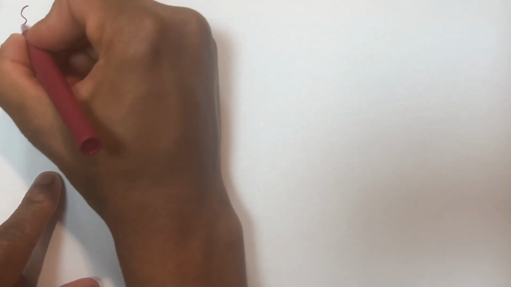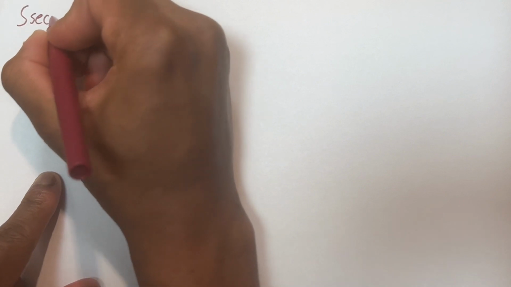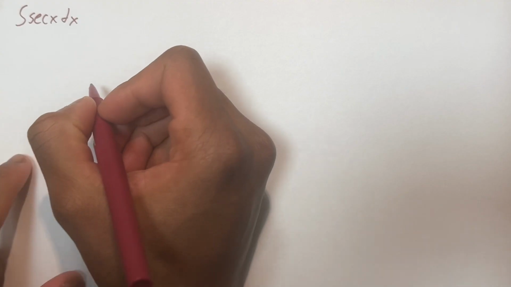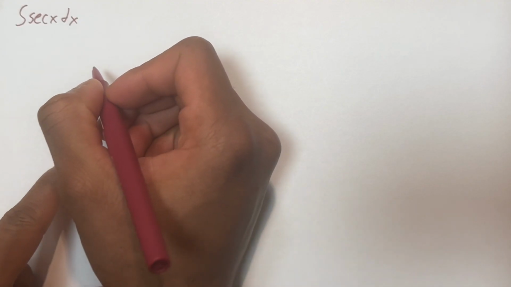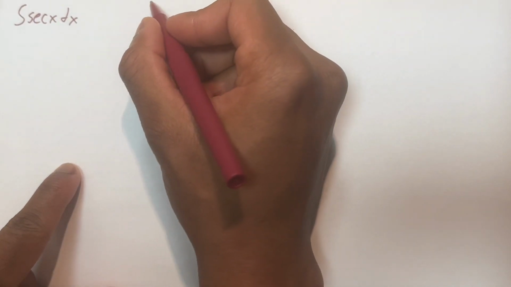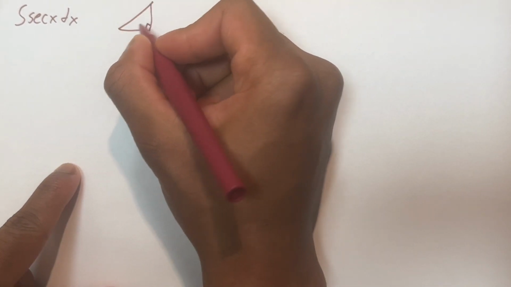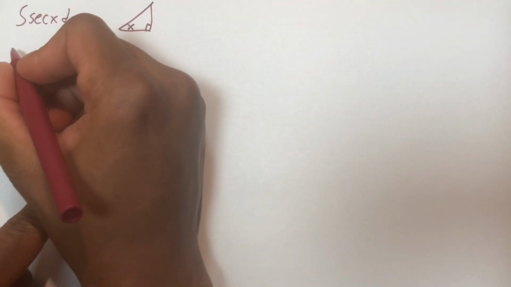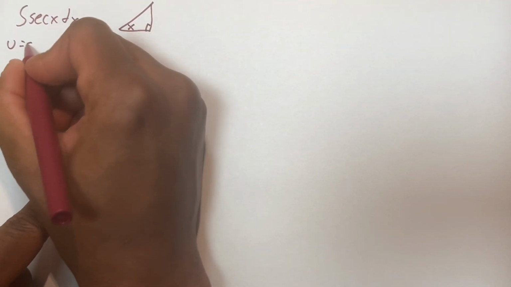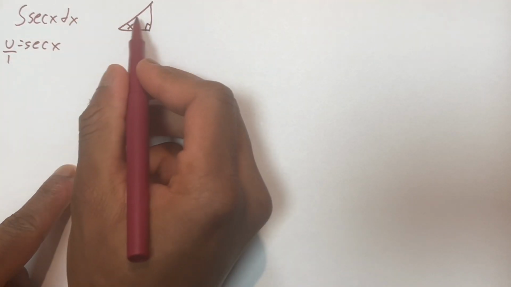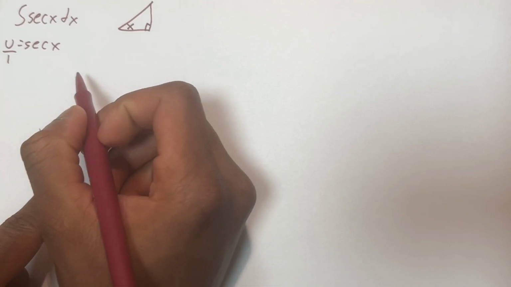Now, there's another interesting way to do the integral of secant x dx, and this thought process may be useful for other integrals. If we have a triangle, and let's say we have this angle equal to x, and let's make u equal to secant x, so it's u over 1. What is secant?